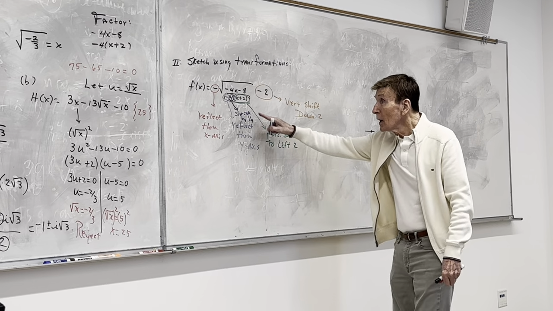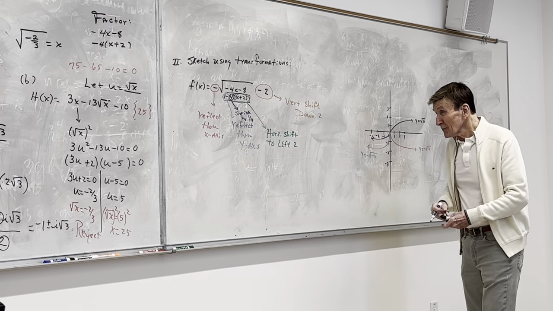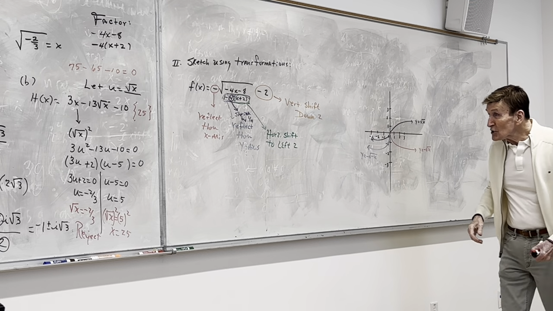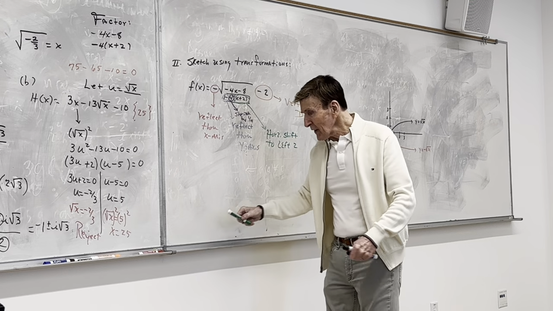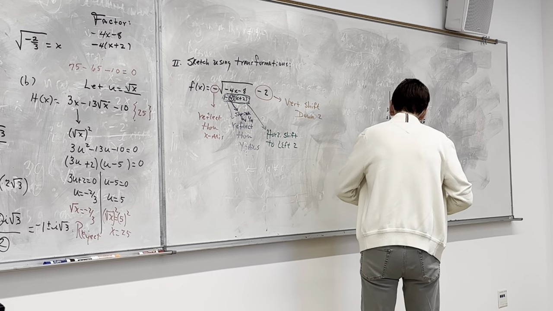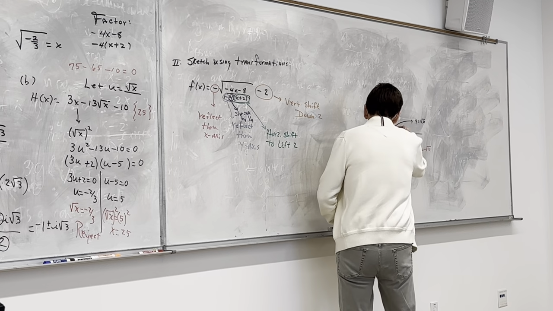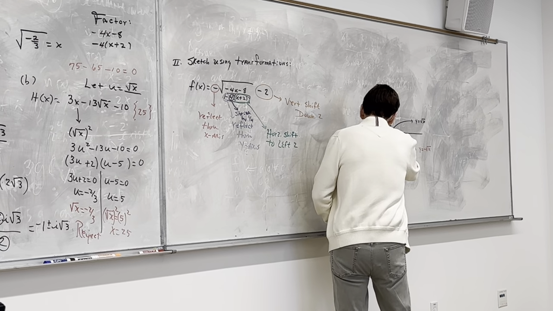Geez, no. Now it says do what? In the green, take that graph in the purple, which was the hardest one so far, and shift it to the left 2 units. So if I take that graph and shift it 2 units to the left, the purple graph, please tell me, is it now going to be here?